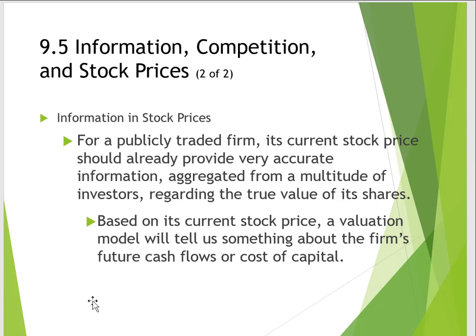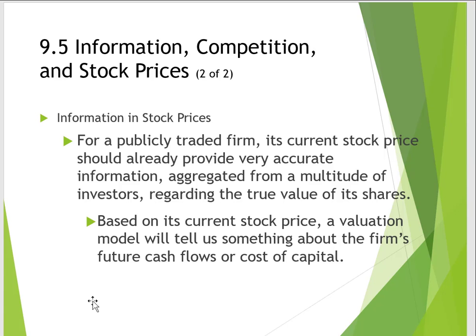The reason is that there are thousands and thousands of investors analyzing companies, gathering their data and pulling it all together. So the price that we see is the true value of its shares given the information that we know.